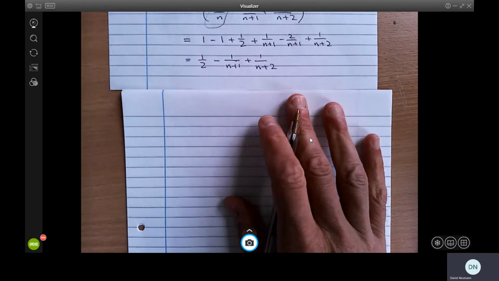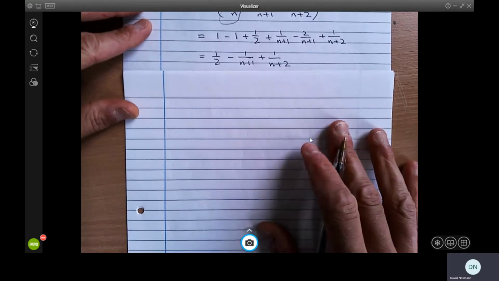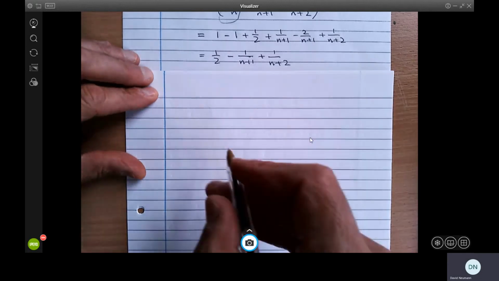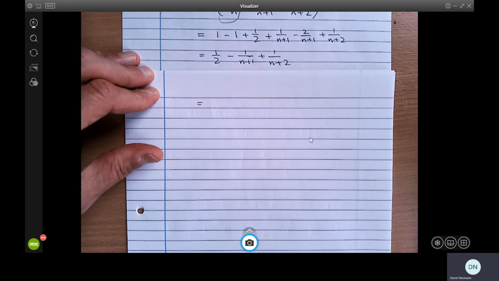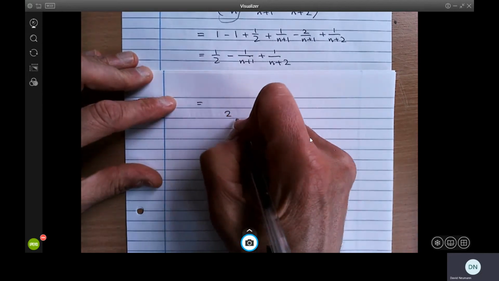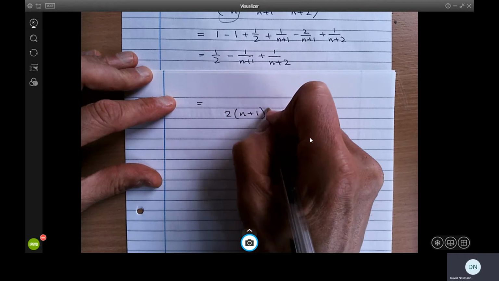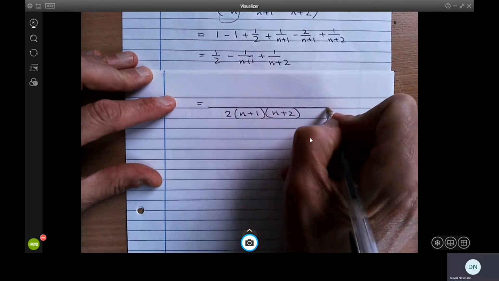And we're not asked to, but I think in general it's quite good practice to simplify that. So we want a common denominator of, let's make it 2 n plus 1 n plus 2. So 2 n plus 1 n plus 2. What do we need here?